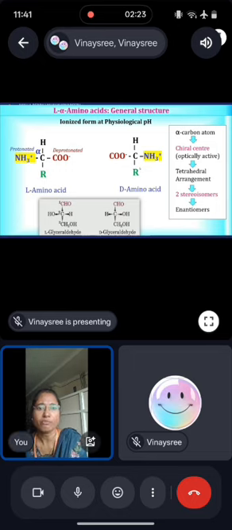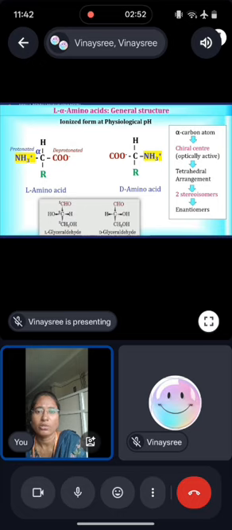So we call it a chiral center, which is optically active, and a tetrahedral arrangement is there because of the four different groups. So we call them stereoisomers and enantiomers. You can see the example here, L-glyceraldehyde and D-glyceraldehyde, which contain a chiral carbon attached with four different groups or atoms.